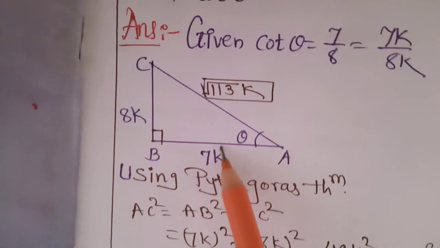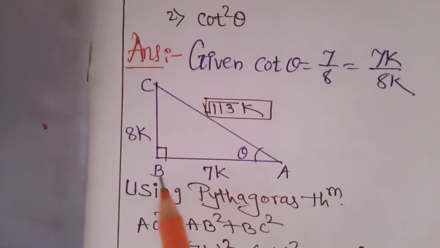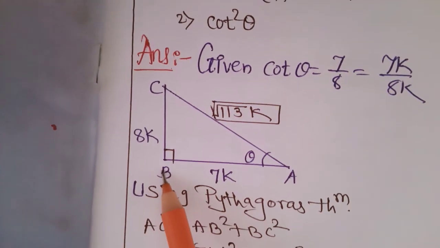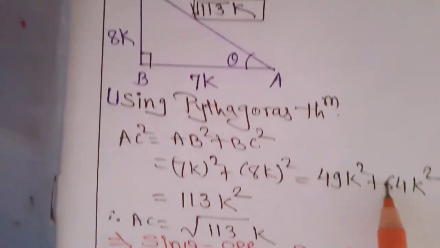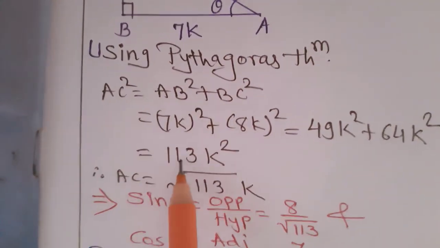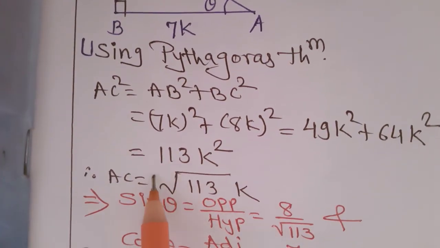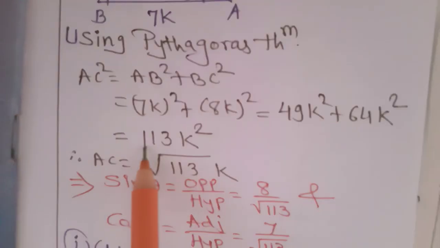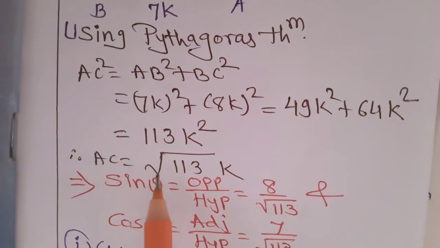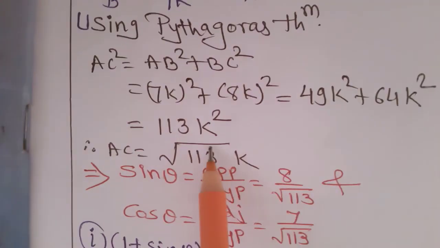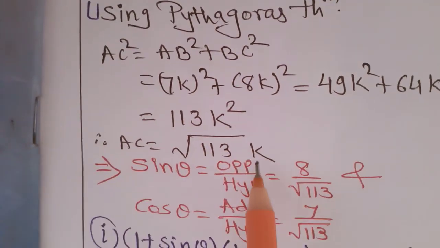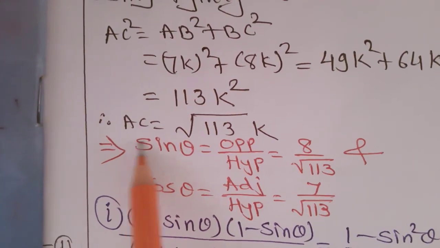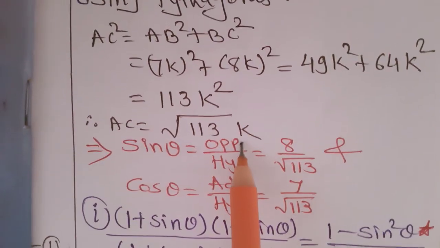Using Pythagoras theorem again, AC square is equal to AB square plus BC square. Putting the values, AC square is 113K square. Therefore AC is equal to square root of 113K, since 113 is not a perfect square, you keep it in the square root sign.